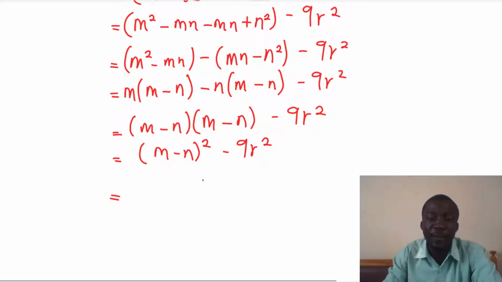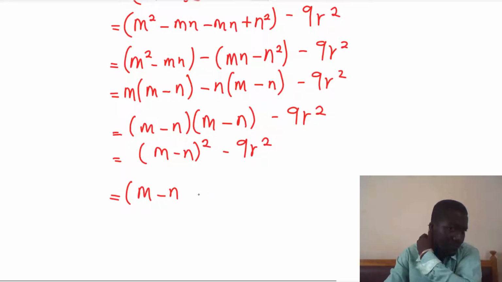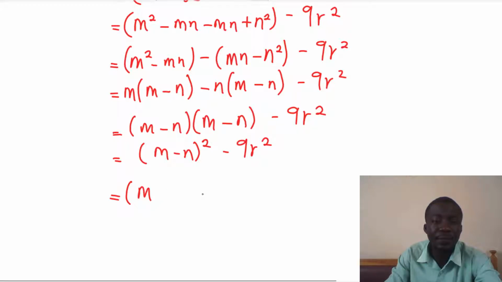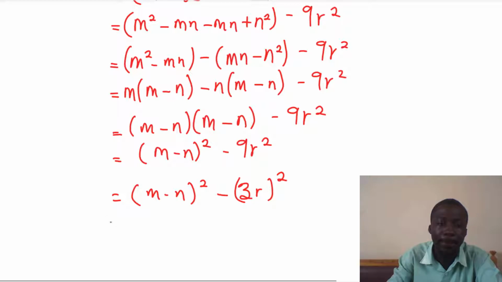m minus n squared minus 9r squared is a difference of two squares. So we can factor that one by writing m minus n. Before that, let's first of all express this as m minus n all square minus the 9. We will write it as 3r all square.